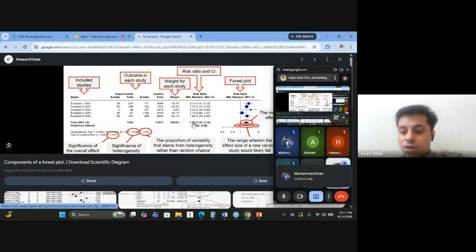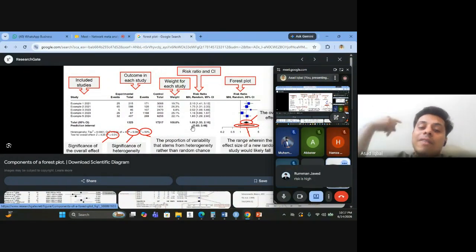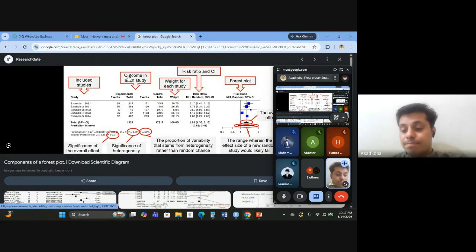Option three, no difference. Obviously option three is not good. This is option one: a 69% higher risk of that outcome with experimental.